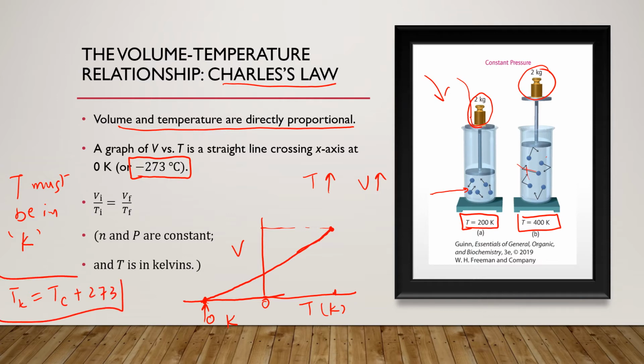This is the conversion factor between the Kelvin and Celsius temperature scales. The mathematical relationship between the initial volume, initial temperature, final volume, and final temperature for a fixed amount of gas according to Charles' law is given here. We will use this expression to solve problems related to Charles' law.